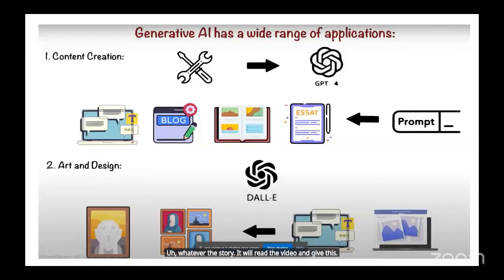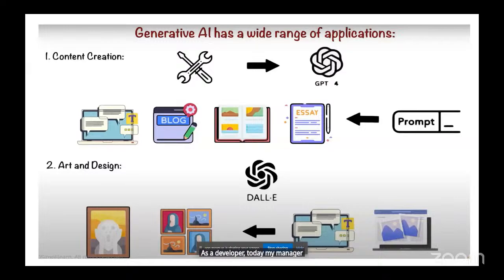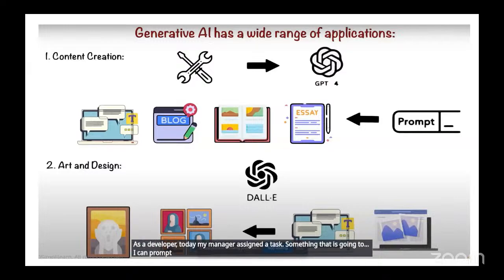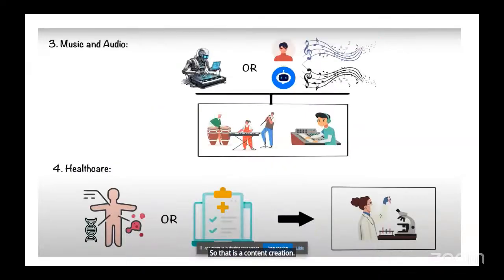I want to generate a video, and I want to see how Rajamouli thinks about the direction and all those things. I want to see that part, that scene. So it will generate it for me. As a developer, today my manager assigned a task, and I can prompt here and get it here. So that is content creation, art and design, music and audio, and healthcare.